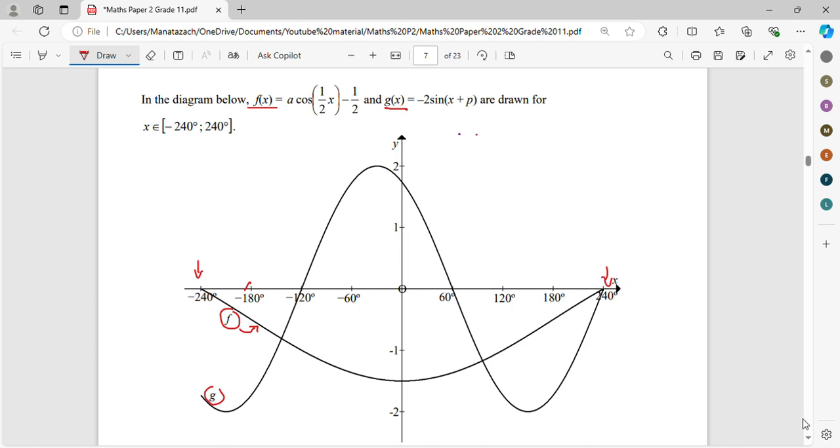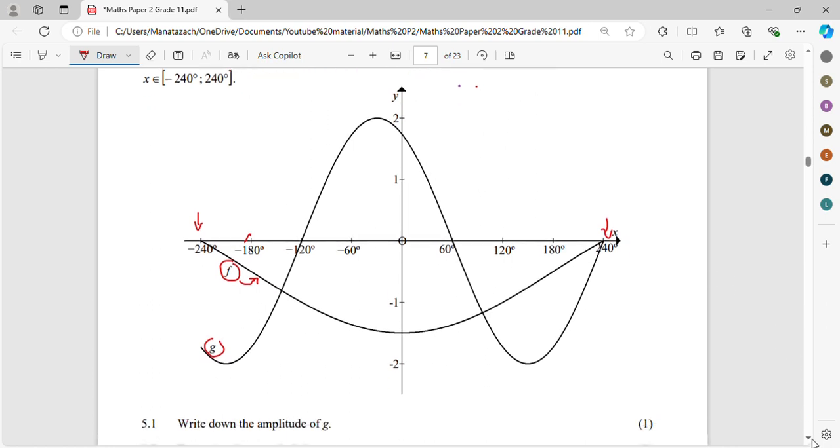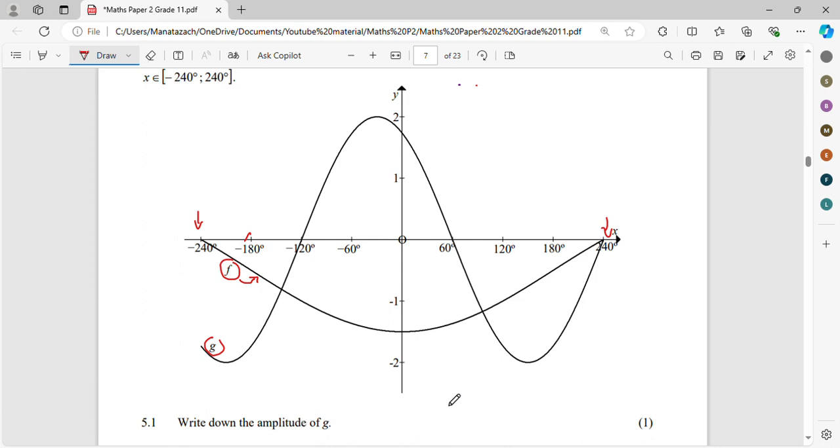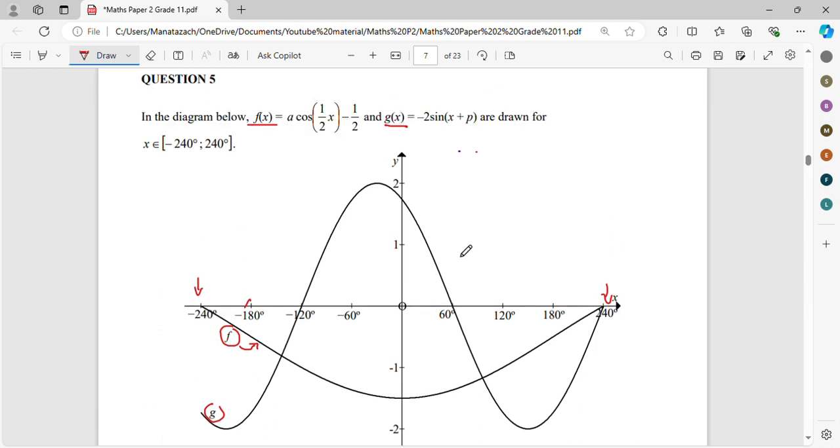Now let's read the first question. Write down the amplitude for g. Okay, the amplitude for g, that should be much easier. You can look at the graph itself or you can look at the function. The function has minus 2 in front, so that will give us the amplitude of 2.